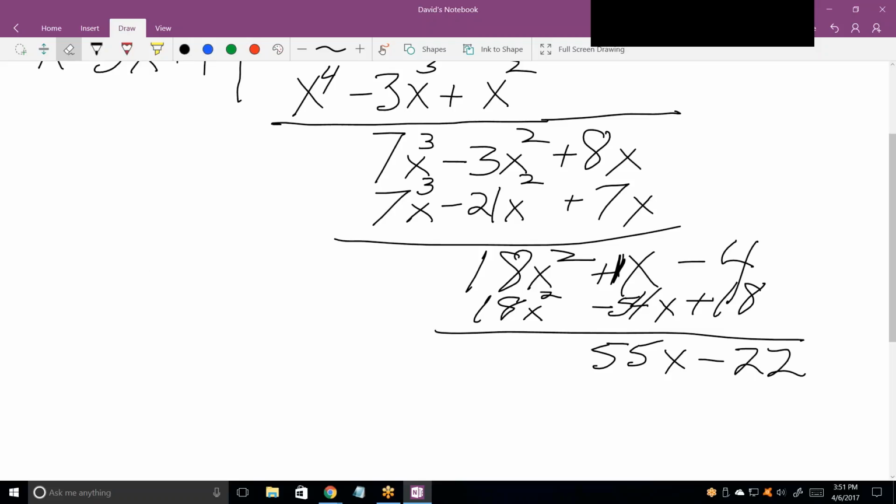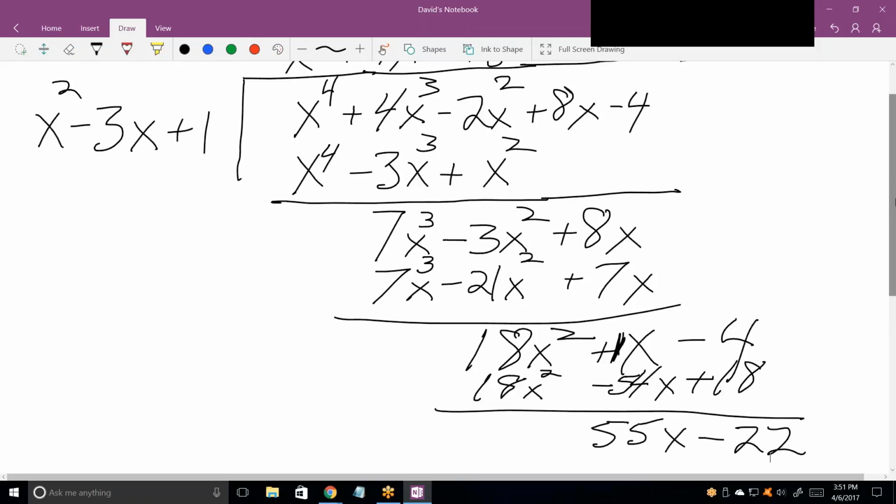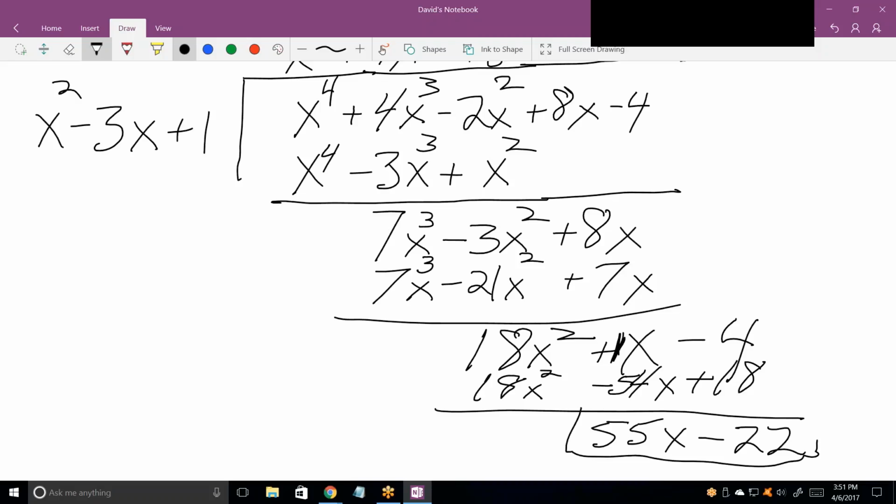Now if we tried to do one more repetition, we notice that the x squared will no longer go into that first term. That means that's your remainder. In other words, when you get to that step where you can't do that division anymore, that's your remainder. And here's how the remainder looks.